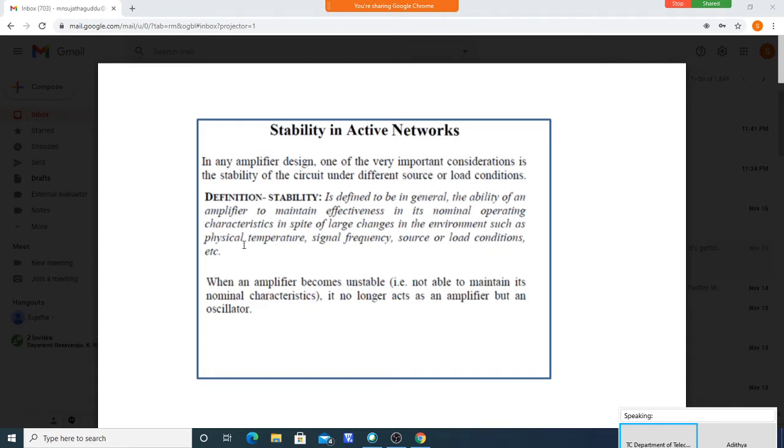That means it is not maintaining its operating characteristic, that is, constant gain. Similarly, frequency also: a very small deviation in frequency may change the gain value and it may not retain 15 dB, so it is not effective.